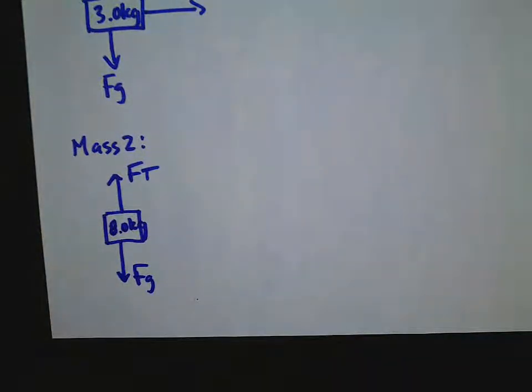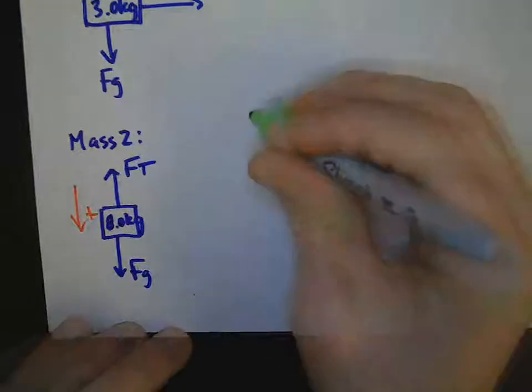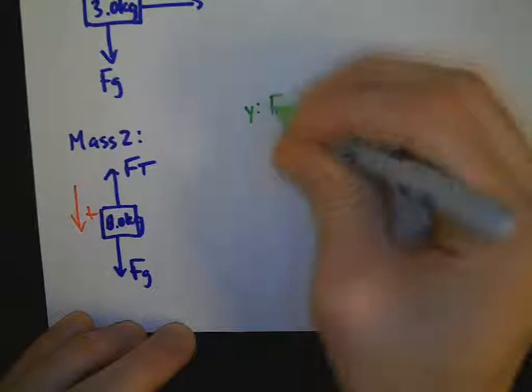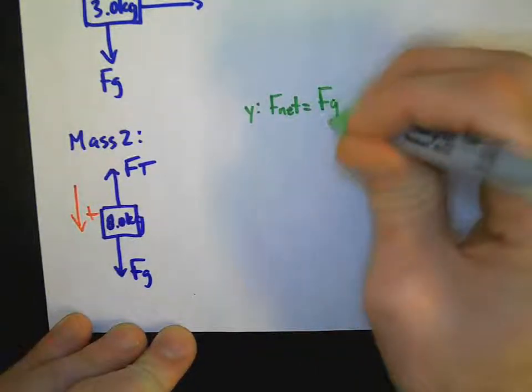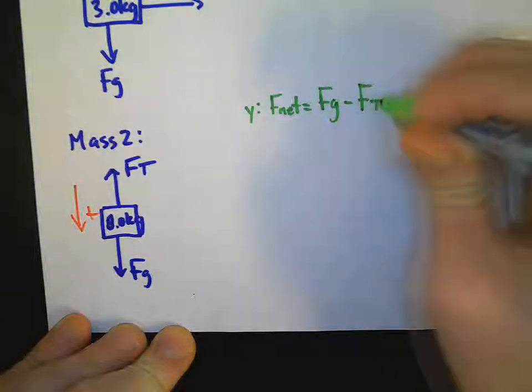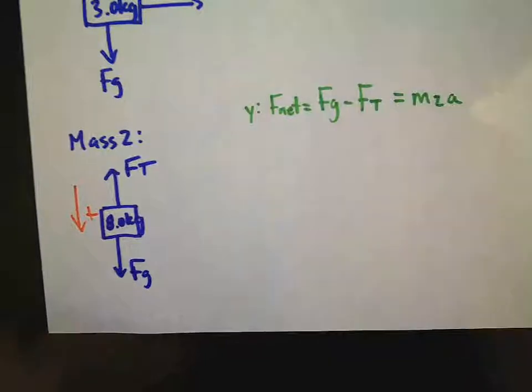And remember in this case that our direction of positive and acceleration is going down. And this only has a y component. So this will be our force of gravity minus our tensional force in the mass, which is equal to our second mass and our acceleration.